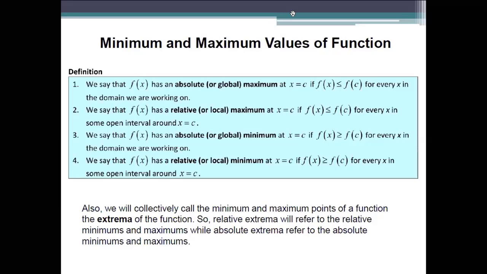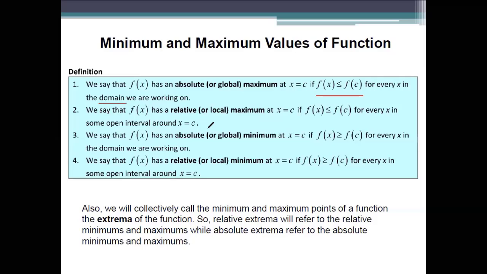We said that f of x has an absolute or global maximum at x equals c if f of x is less than or equal to f of c, wherever x is in the domain we are working on.